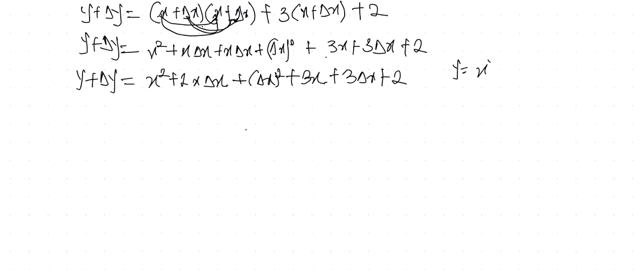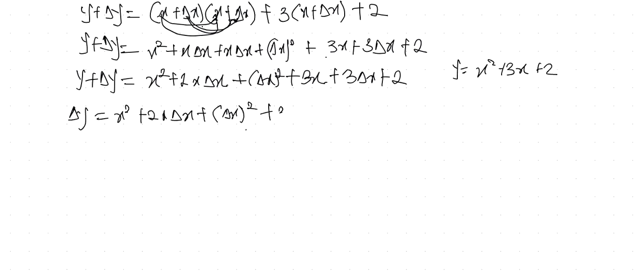So from here, we collect the like terms. You have x squared plus 2x change in x plus change in x squared plus 3x, then plus 3 change in x plus 2 minus y.